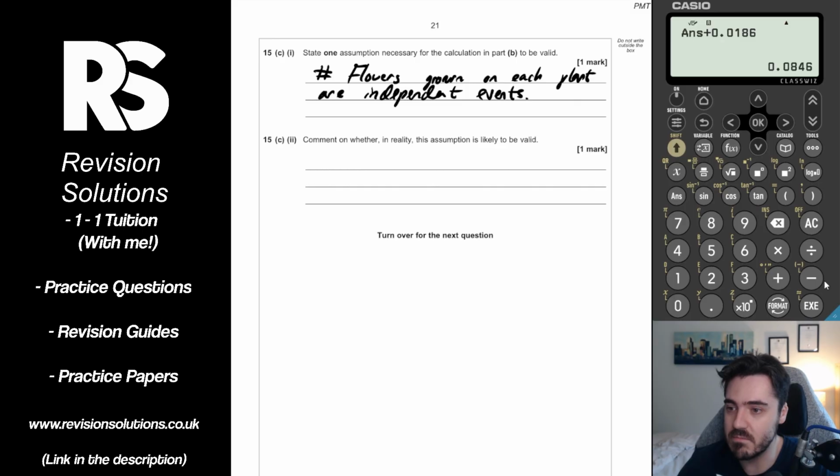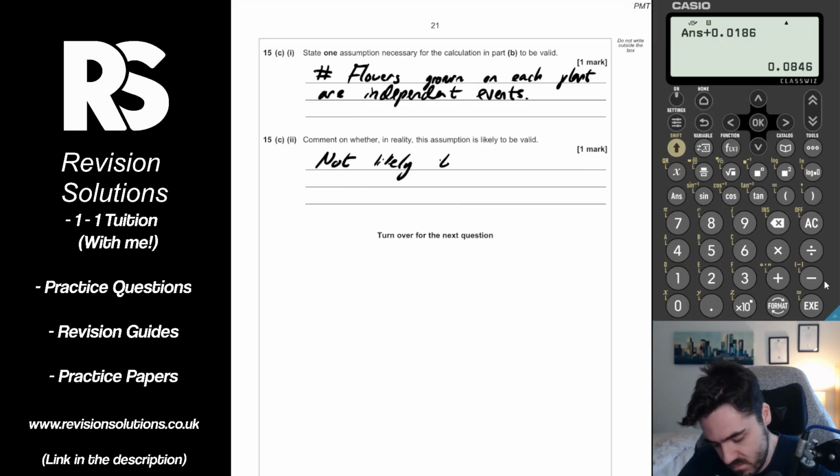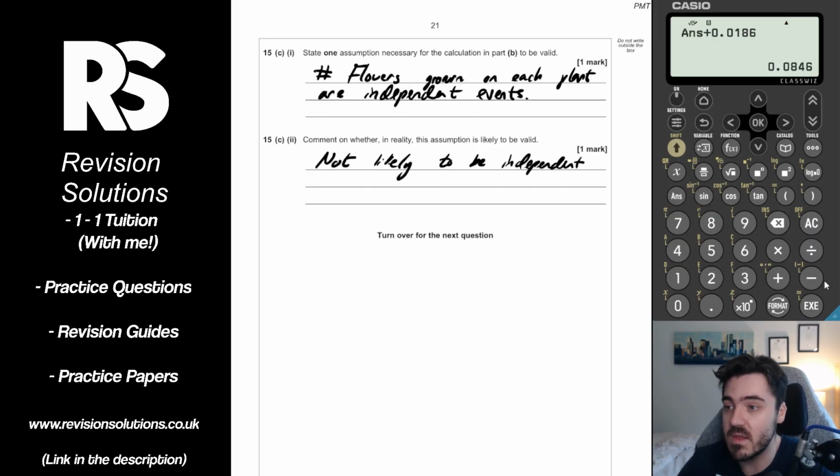If they're all in the same place and get the same amount of water and sunlight, the parameters that determine how many flowers they get are going to be the same. So they're not independent, I would say. Not likely to be independent. I don't think we need to explain our comment, so we can just say it's not likely that they are independent.